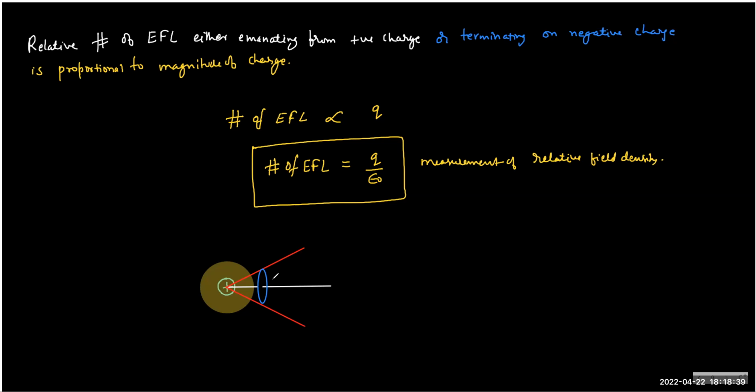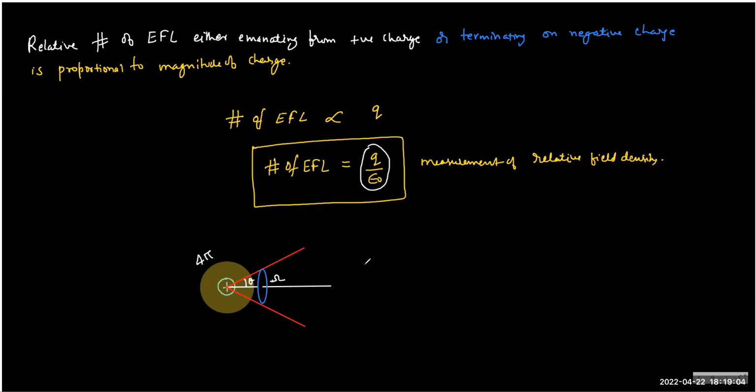I want to know how many lines will only go through this angle. Let's say this is theta. Out of the whole, this will radiate from 4 pi. So how much will go through the omega part? Omega by 4 pi into q by epsilon naught.